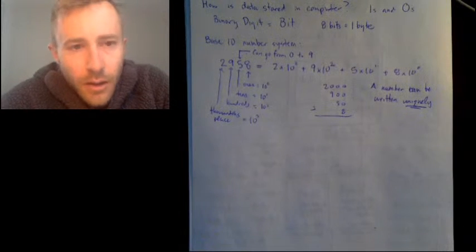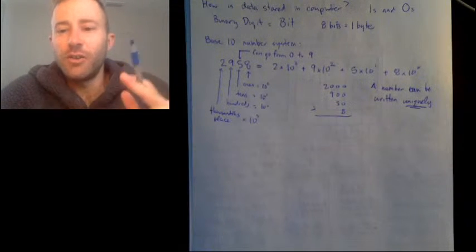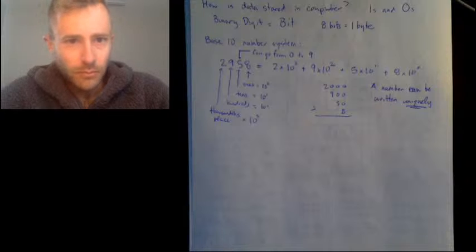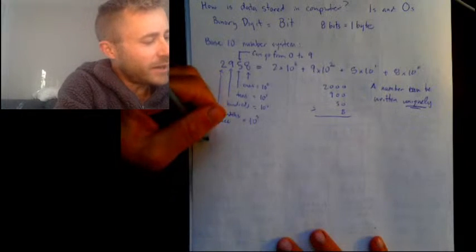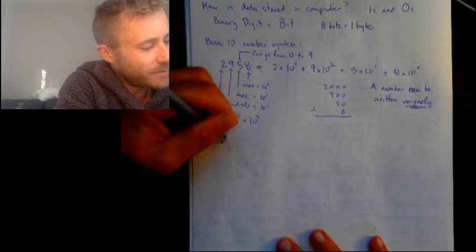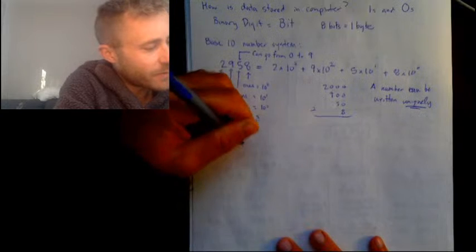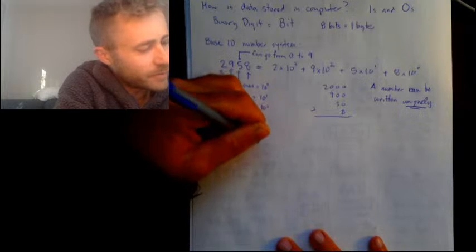So there's only one way to write a number like this. Okay? So let's try to generalize. What if you have a base k number system?